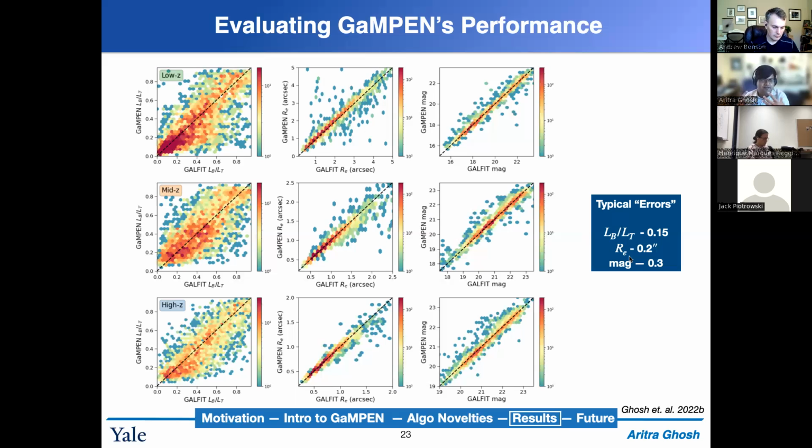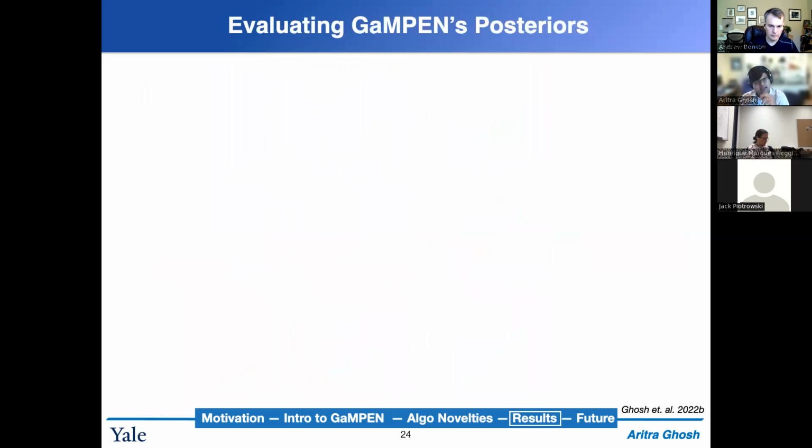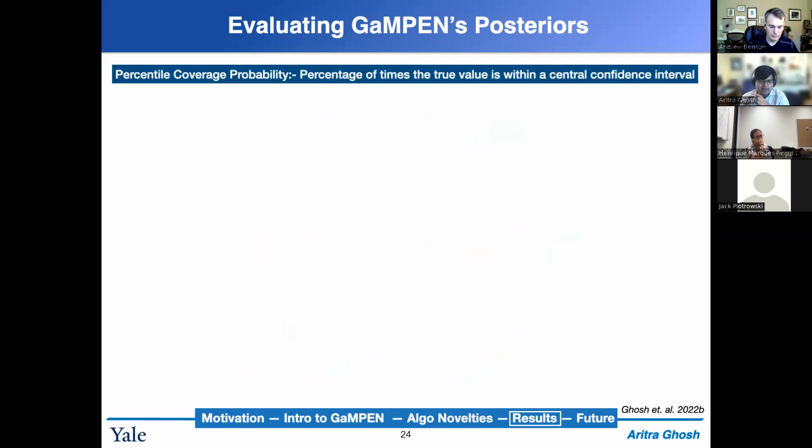So inherently, if you don't do well in certain regions of the parameter space, then the network should automatically predict higher uncertainties there. To check that, we evaluate GaMPEN's posteriors specifically. To evaluate the posteriors, we calculate something called percentile coverage probabilities.